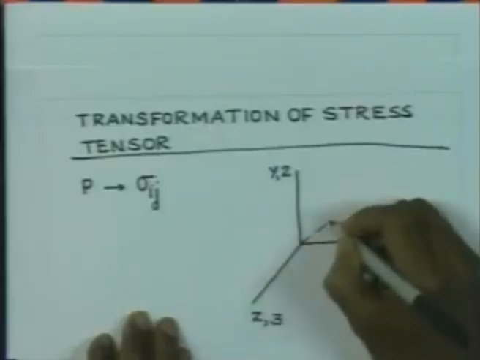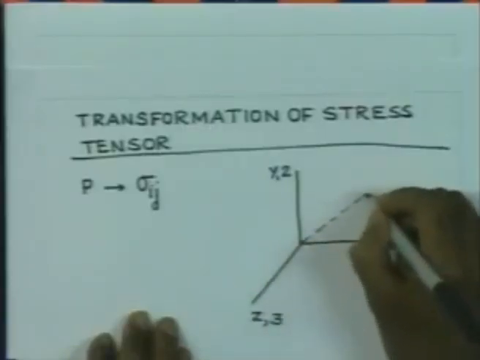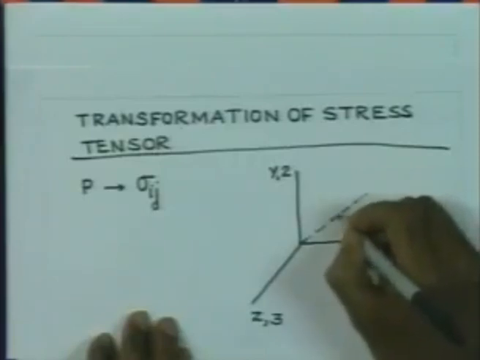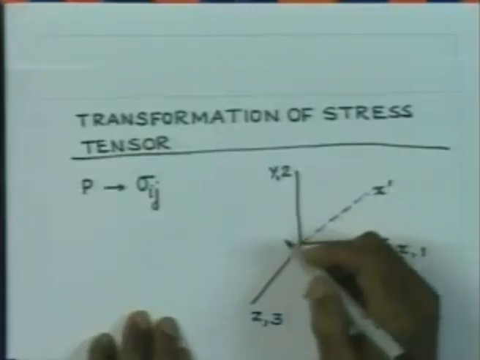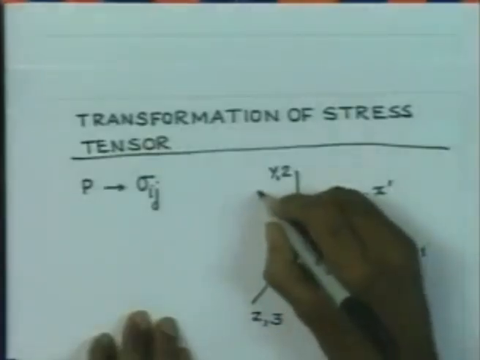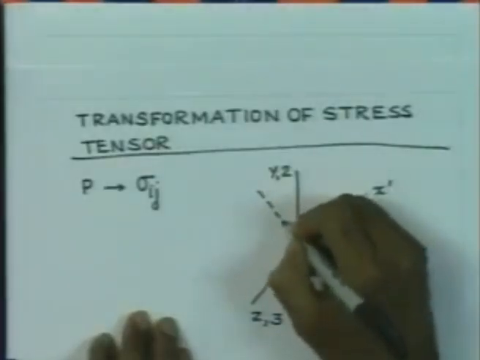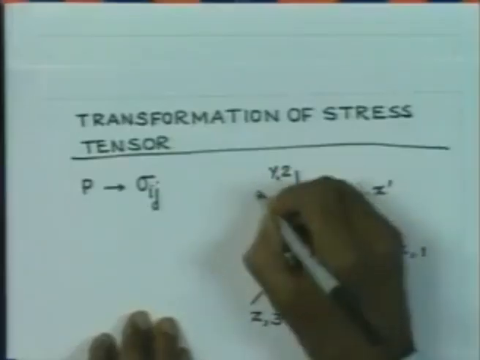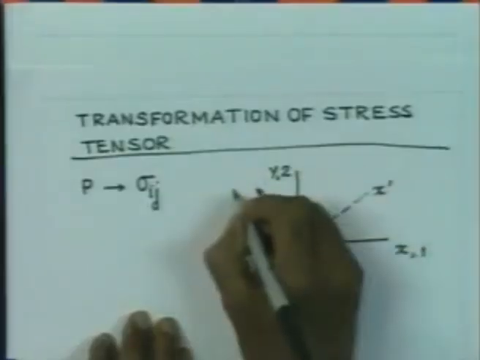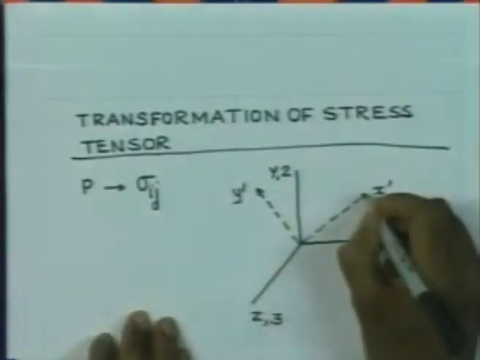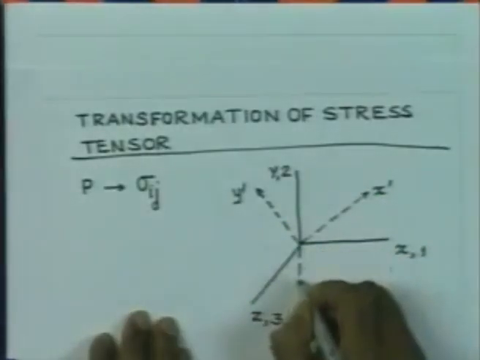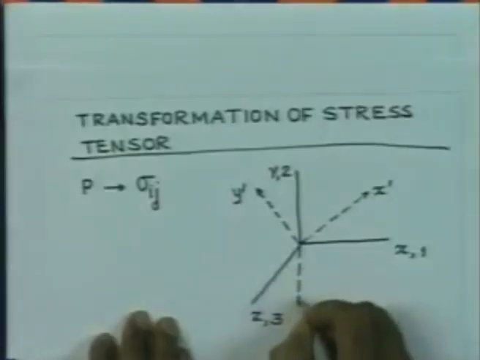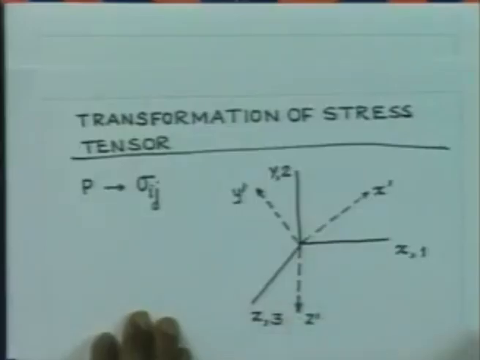Let us say that we have another set of coordinates which is given by x dash, y dash and z dash.